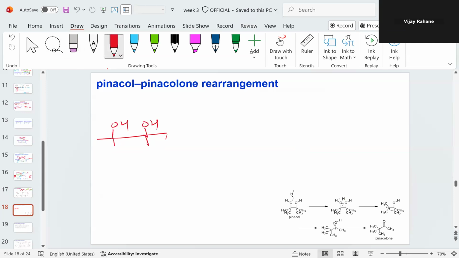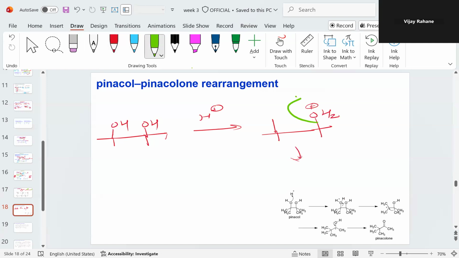And in the presence of acid, what happens? One of the hydroxy groups gets protonated, giving OH2 plus, and since this is the tertiary hydroxy group, upon elimination of this entire OH2 plus, what happens? We get a carbocation here, and there is OH.